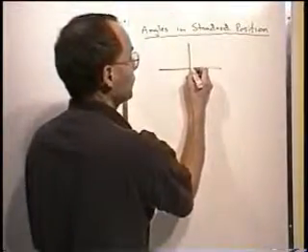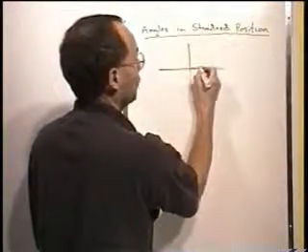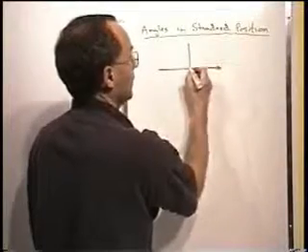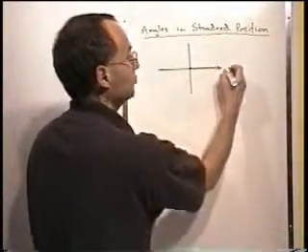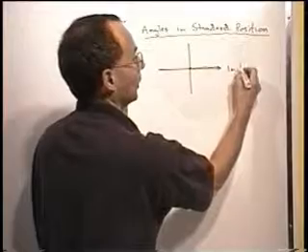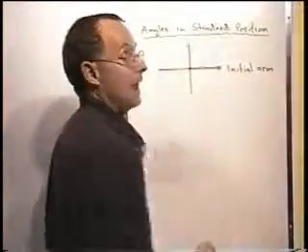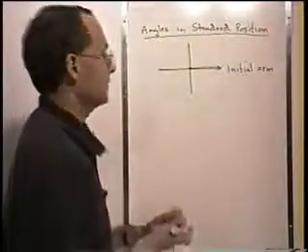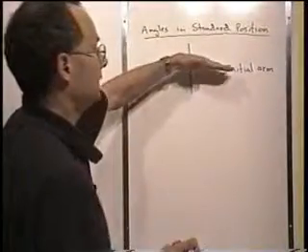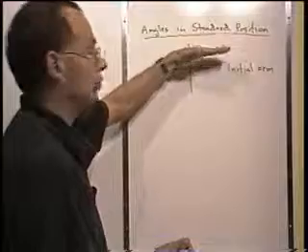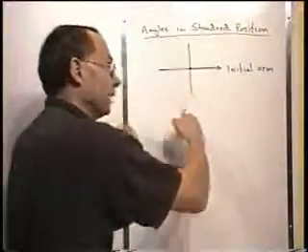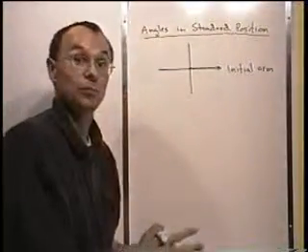The first arm is always on the positive x-axis, and this is called the initial arm. It's kind of like the first hand of the clock. If we swing the other hand in a counterclockwise direction, and that means going this way, we refer to those as positive angles.